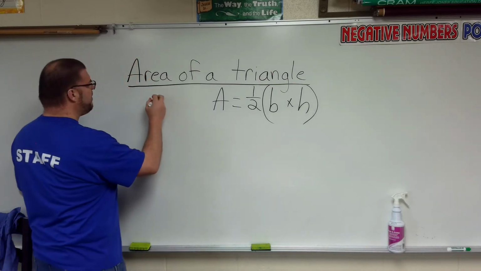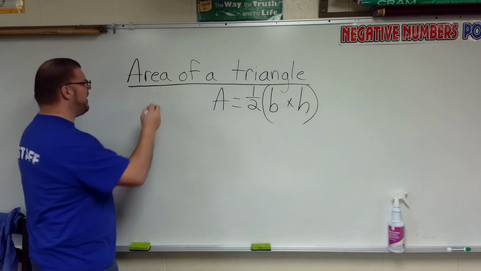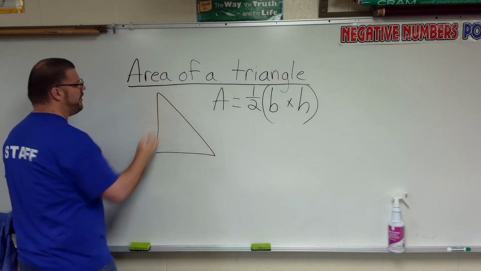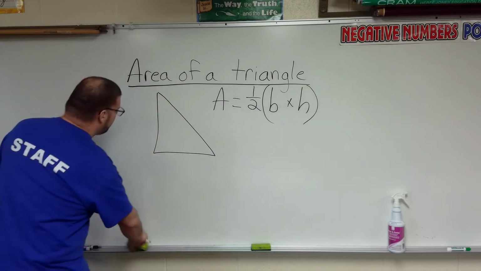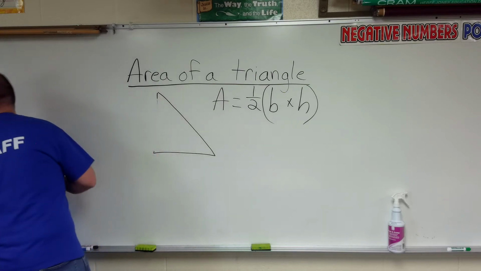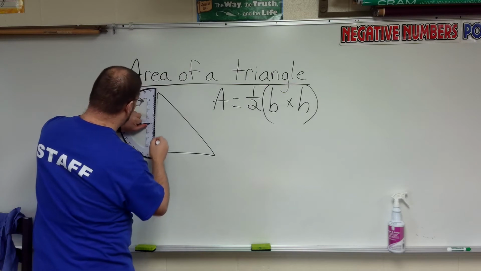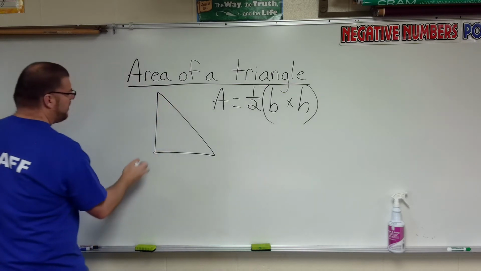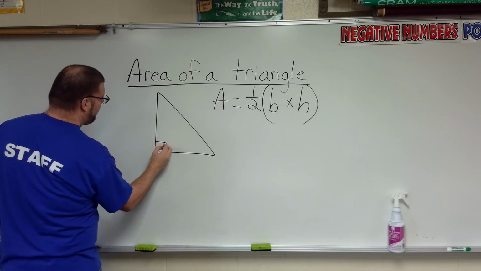Okay, now let's say most of the time you're going to see a triangle like this. Obviously it has three sides, right? And if I draw, let me try to draw a little straighter here. Sometimes you'll see this little corner there.